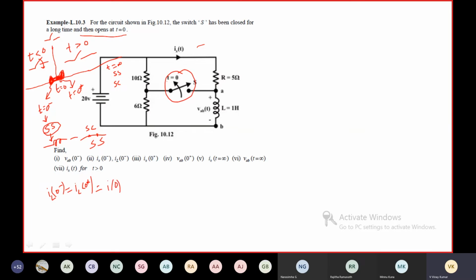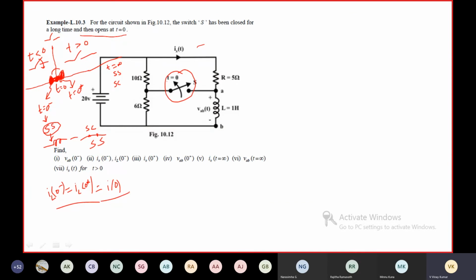So I of 0 minus equals I of 0 plus, equal to I of 0, because current through the inductor cannot change instantaneously.